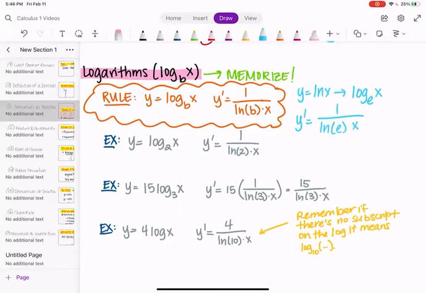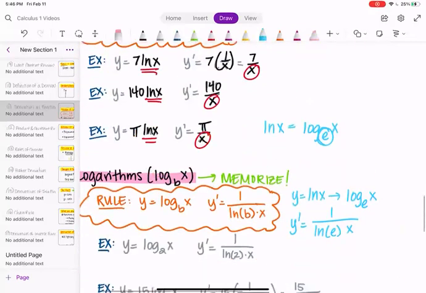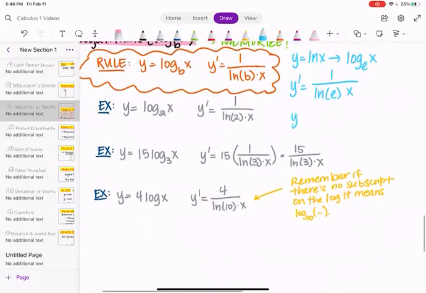But remember, up here we said that the natural log part and the e part cancel, right? So that's going to turn into y prime equals 1 over 1 times x. So that's why that's the derivative of the natural log of x. You follow the same rule, you just don't know it.